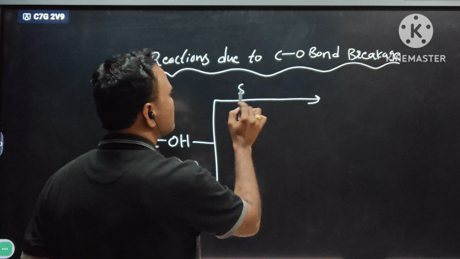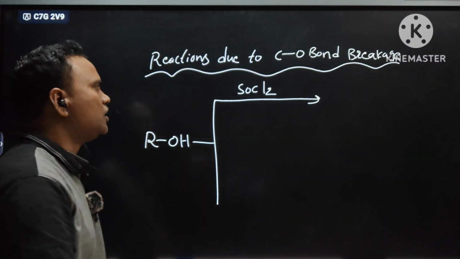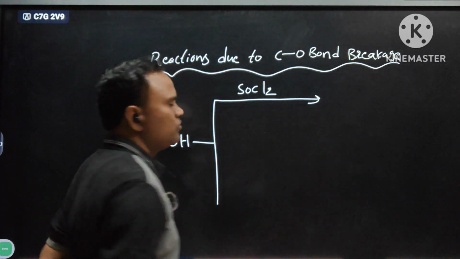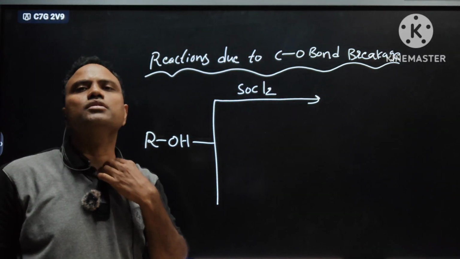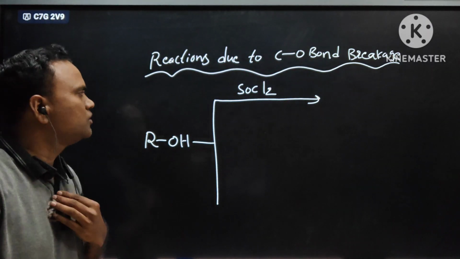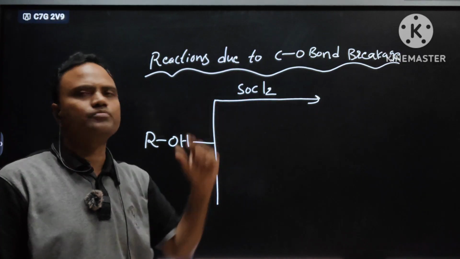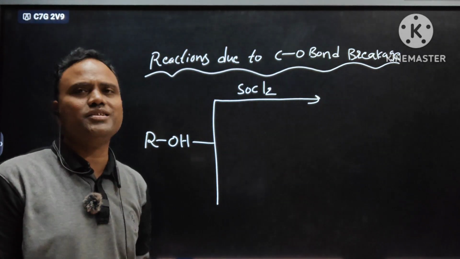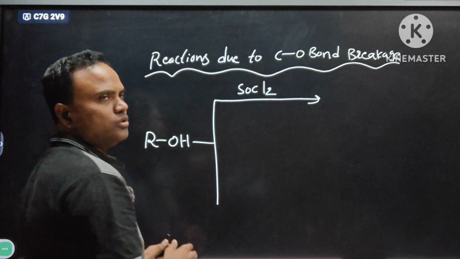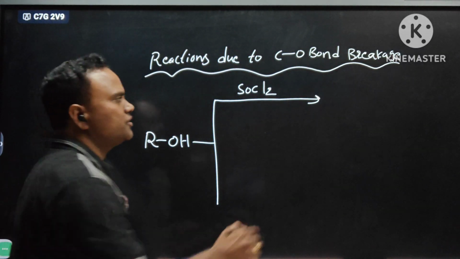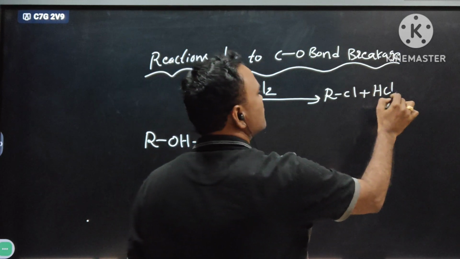Anybody, can you tell me, SOCl2? When alcohol is treated with SOCl2, what is the role of SOCl2? Few students didn't listen to alkyl halides. Now listen. When alcohol is treated with SOCl2, thionyl chloride, the OH group will be removed and Cl will be added. RCl, and the byproducts are HCl and SO2.